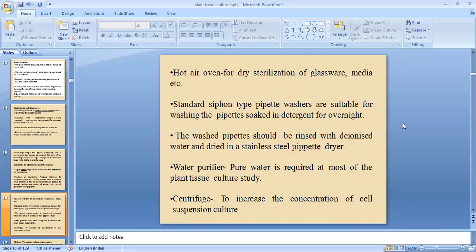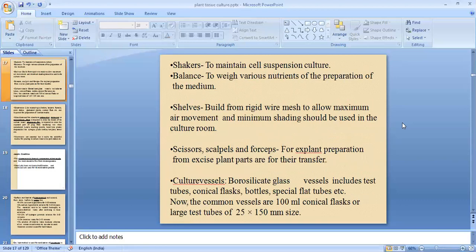Also a stainless steel pipette dryer should be there, and a water purifier to get pure deionized water, and a centrifuge to increase the concentration of the cell suspension, and shakers. When the growth is allowed slowly, the nutrient media has to be shaken well to distribute the nutrients and other conditions in a proper way.